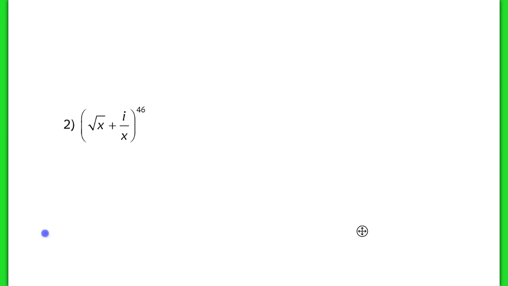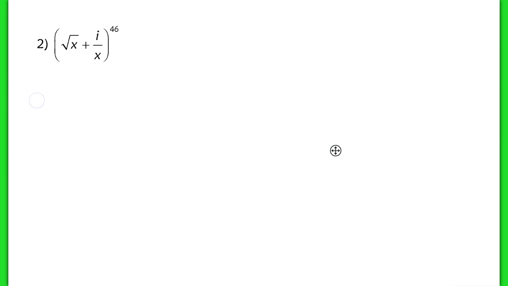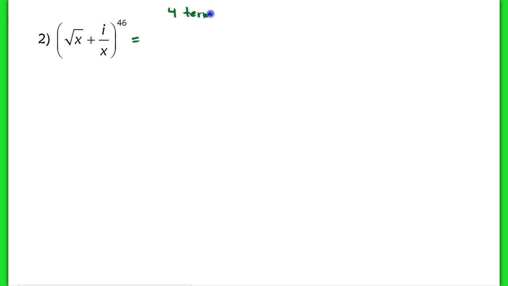Okay, now I just wanted to point out one more problem where we have an a and b term that look a little bit more complex, but it's still the same idea. Let's expand the first 4 terms only, so let's only do the first 4 terms for an expansion to the 46th power.